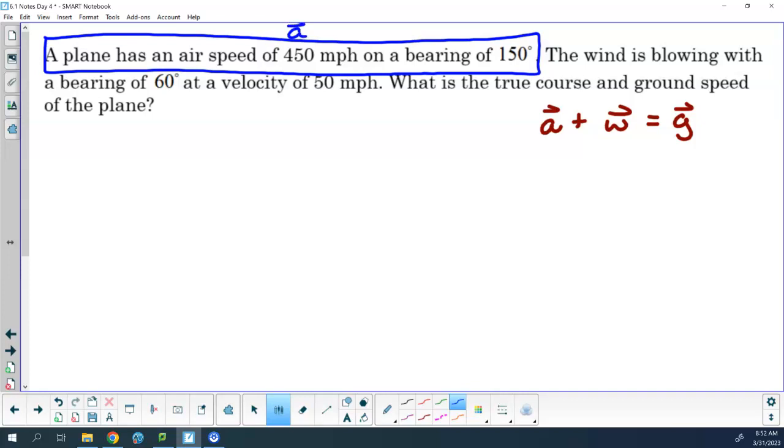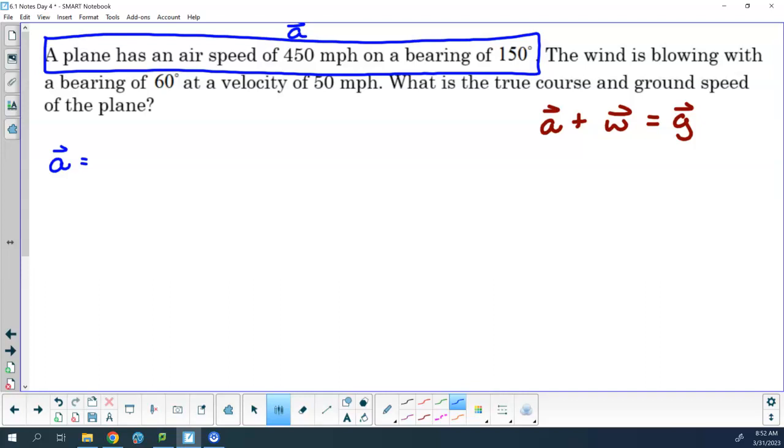This is A, because it's my airplane, a plane. That's my vessel. My vessel is the plane. Out of that, we need to make a vector. So my vector A is going to be, now this is where we think back to our vectors.